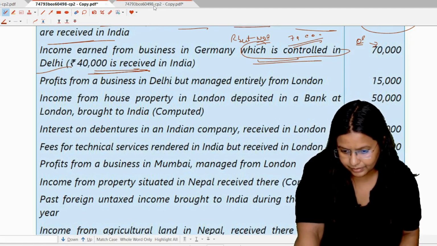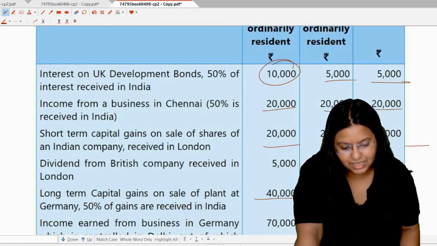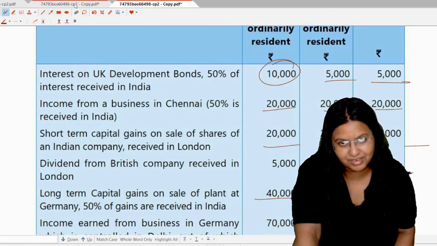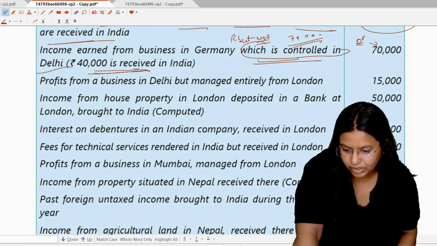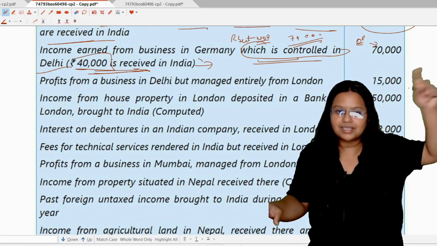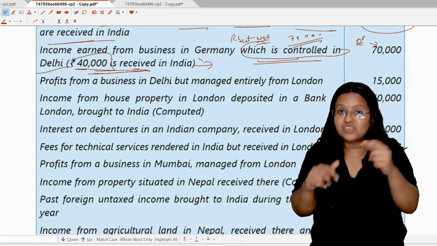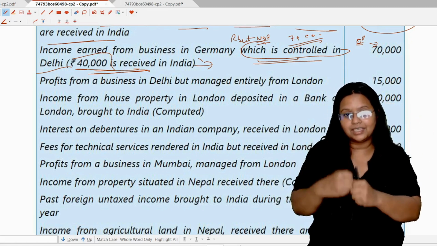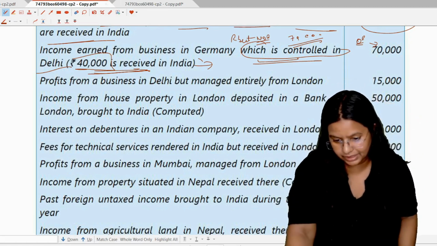Next, how much income will be taxable for the person who is a non-resident? For that person, only 40,000 will be taxable because that is received in India. The accrual point is not in India. The accrual point is in Germany because the income is earned from a business in Germany. So only that income which is received in India will be taxable for NR.